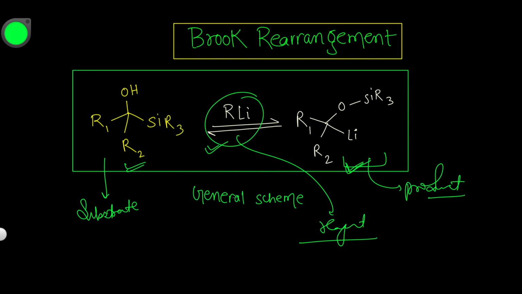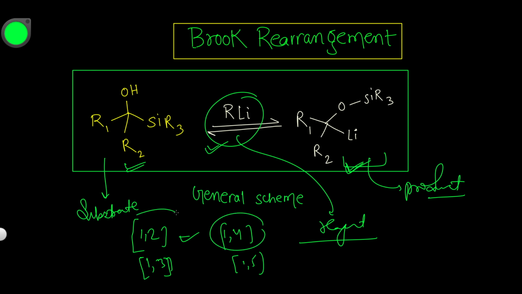First of all, this rearrangement has various types, like the 1,2 Brook rearrangement, the 1,3 Brook rearrangement, and 1,4 also, and 1,5 also. These are the varieties of the Brook rearrangement. They are very similar. All the mechanism will be the same, just a slight difference.